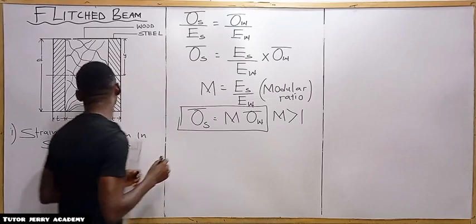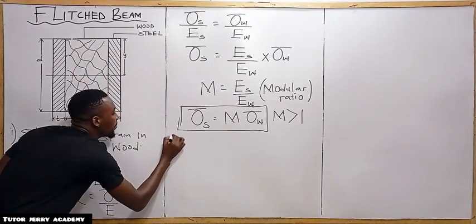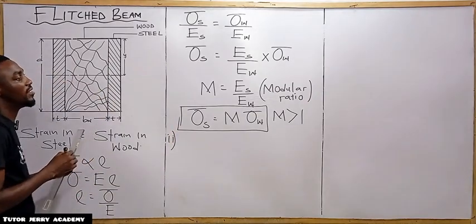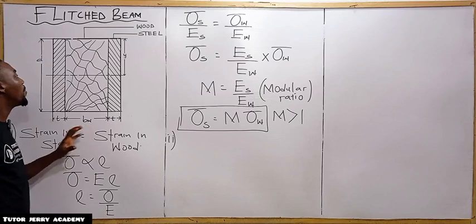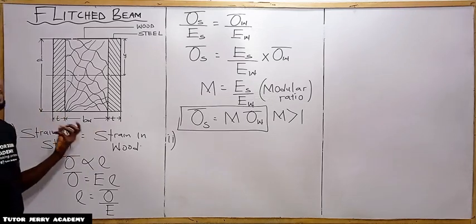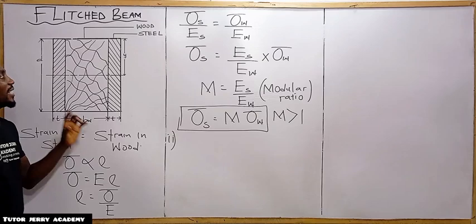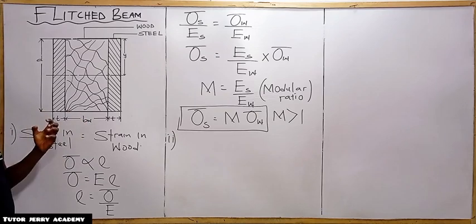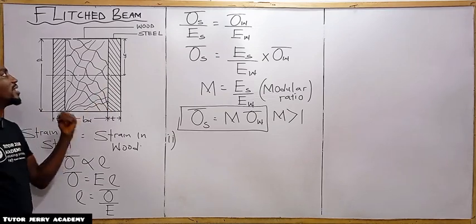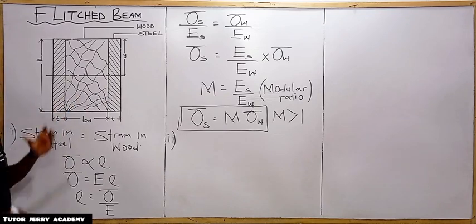All right, so the next assumption you are going to take note of is this. We said that one of the purposes of this flinge beam is for us to increase the load capacity of the wood, and I've already told us that basically our steel must take more load than the wood.